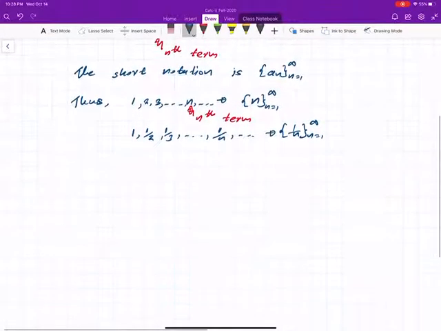Then let's move to the next definition, where we learn convergence and divergence of a sequence.